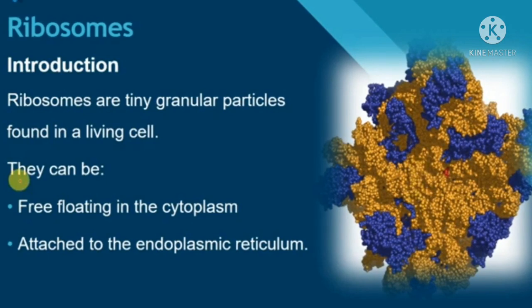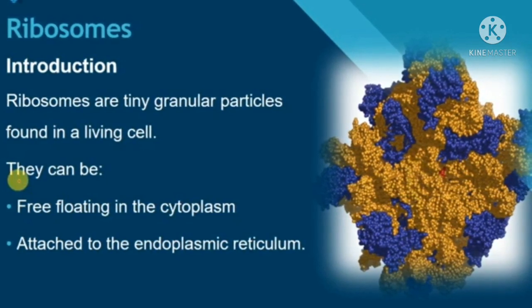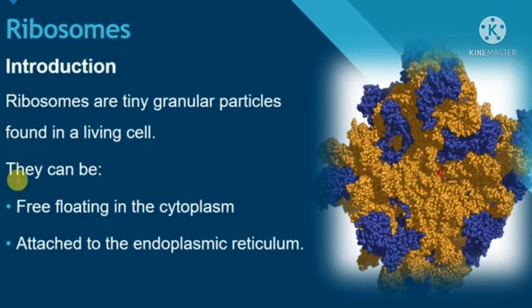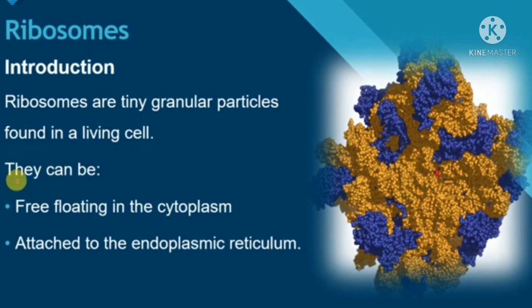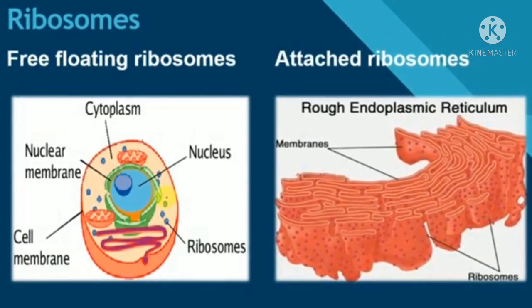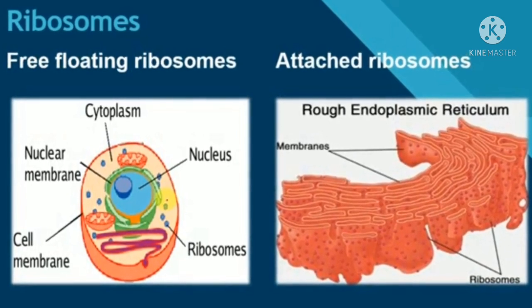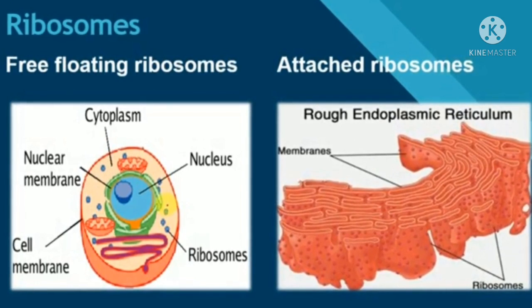Children, I am repeating about ribosomes once again. Ribosomes are tiny granular particles found in a living cell. They can be free floating in the cytoplasm or attached to the endoplasmic reticulum. Here we can observe the free floating ribosomes and attached ribosomes.